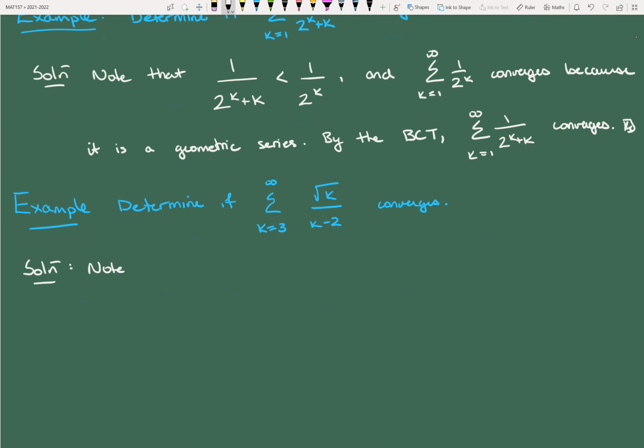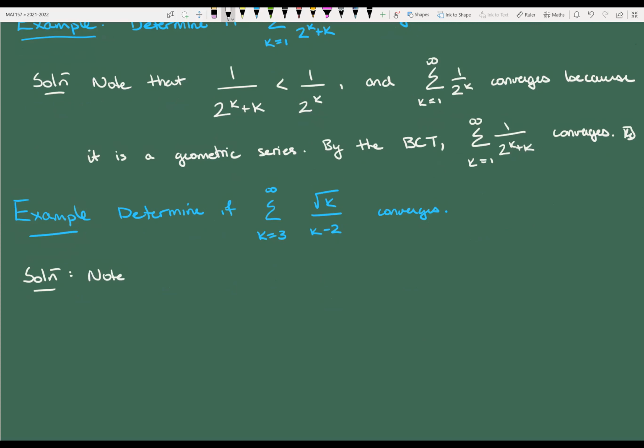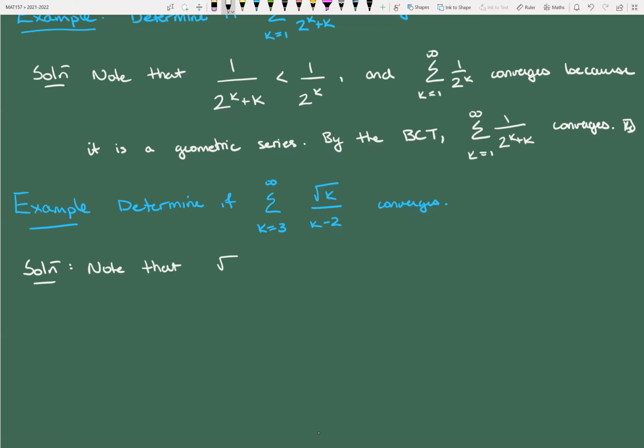Okay, so again, let's note, basically what I want to say is this thing kind of looks like 1 over root k, right? If I didn't have that stupid -2 term, I would be able to say this is 1 over root k. And we don't have a p-test, so we don't necessarily have a way right now, at least, of saying 1 over root k should diverge, but that's fine because I can compare 1 over root k to 1 over k, right? So note that this is going to be greater than root k over k, which is equal to 1 over the square root of k, like that, right? And then the crux of the next bit is that this is actually bigger than 1 over k, right, because as I'm taking square roots, yeah, that should work.